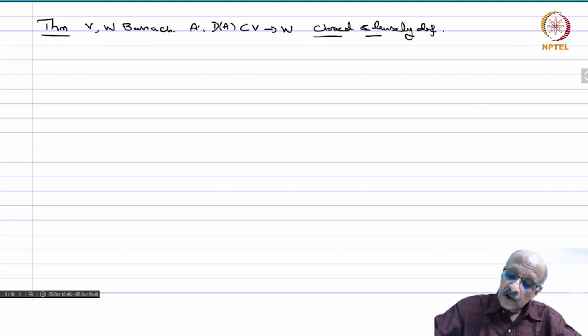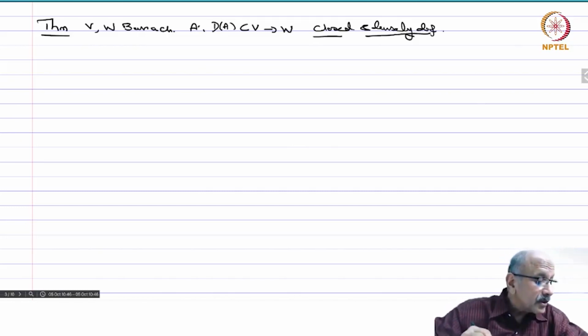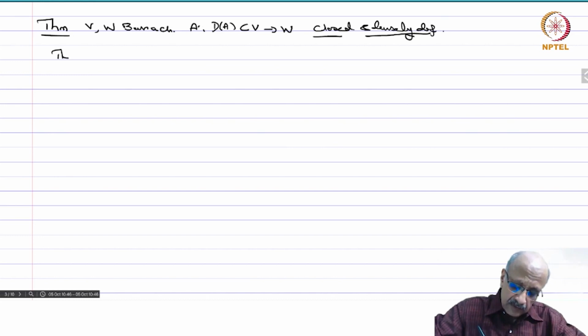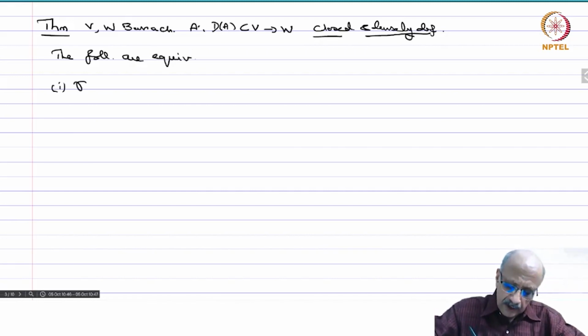So the previous corollary is true, so in particular. Then the following are equivalent. One, range of A is closed. Two, range of A star is closed.